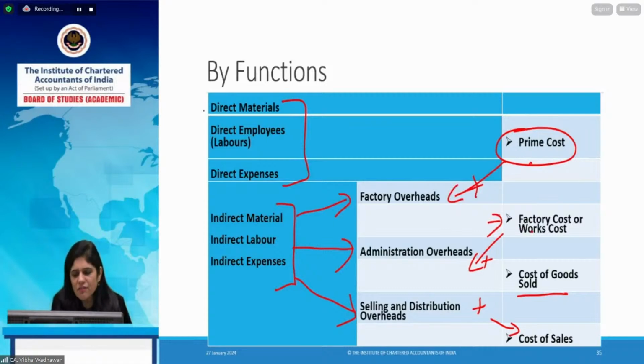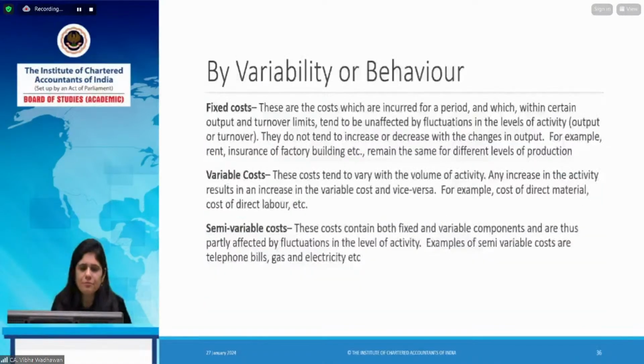To the factory cost, we add administration overhead, we get cost of goods sold. To cost of goods sold, if we further add selling and distribution, we get cost of sales. Clear? So this is in continuation. It's not separate heads. All right. This is part of the cost statement which we'll be doing. All right. So this is by functions classification.